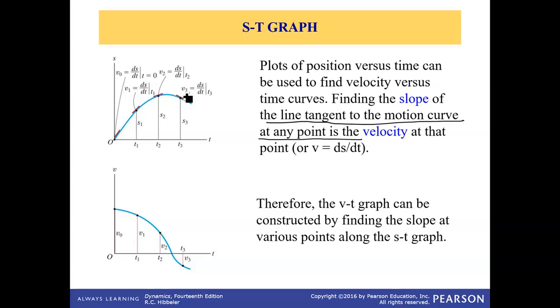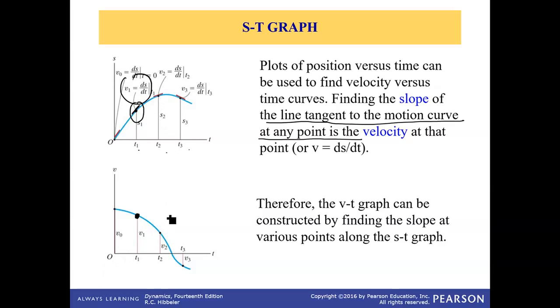If we have this blue graph here, and we need to generate the velocity versus time graph, we need to divide the position graph into a series of time segments like t1, t2, t3. At each time, we draw a tangent or find the slope of the graph. And whatever the magnitude of that slope is, we mark one point on the velocity graph.